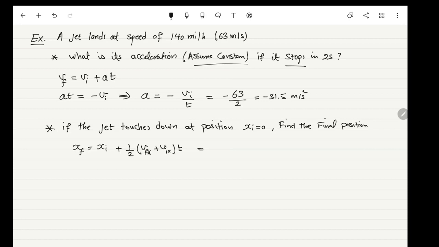So when you substitute back in, x initial is 0, plus half. Now v final, as we mentioned before, is 0 since it has stopped, plus 63, times 2. So in this case, the final position is 63 meters.